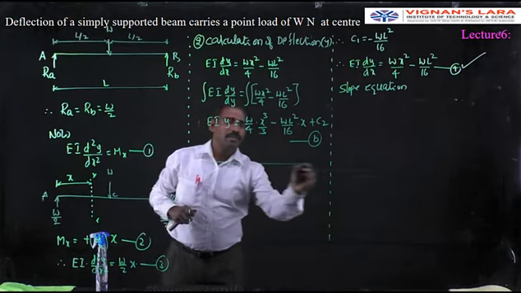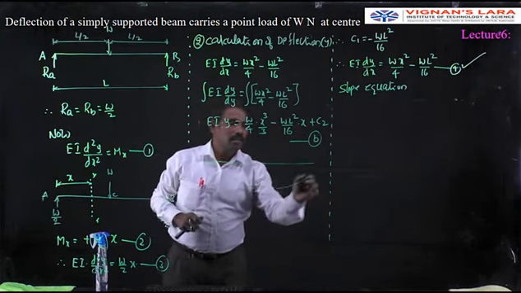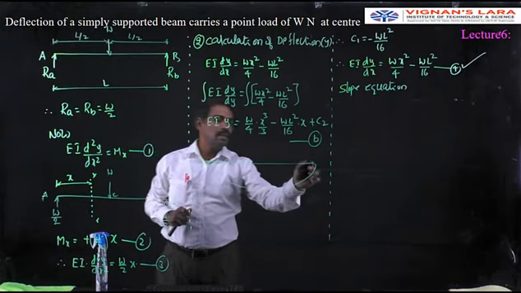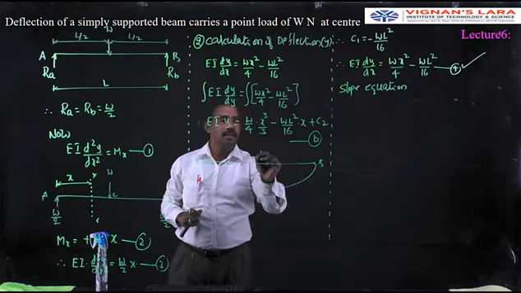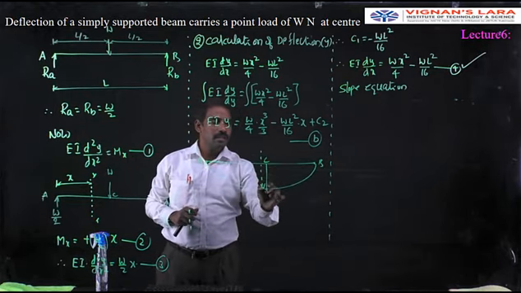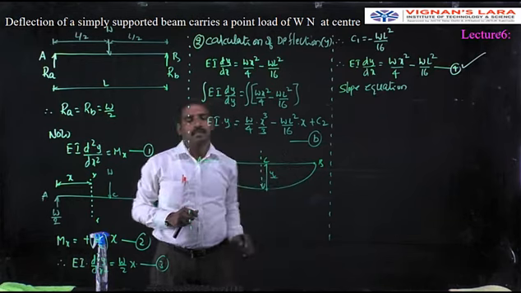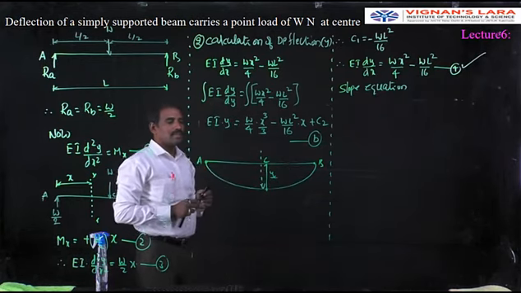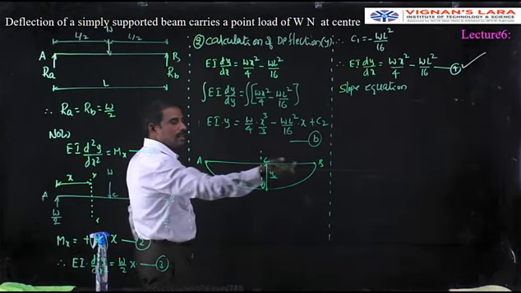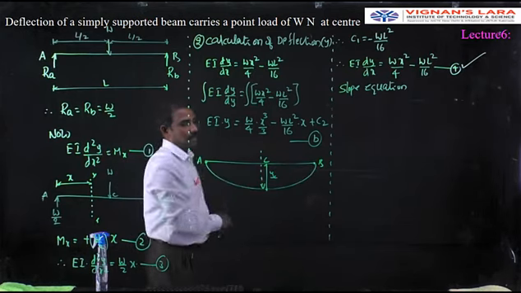If you observe the deflected curve, the deflection is 0 at A as well as B. The deflection is maximum at C. This is the deflection at C, that is YC. The deflection y is 0 at A. The deflection is 0 at B also.